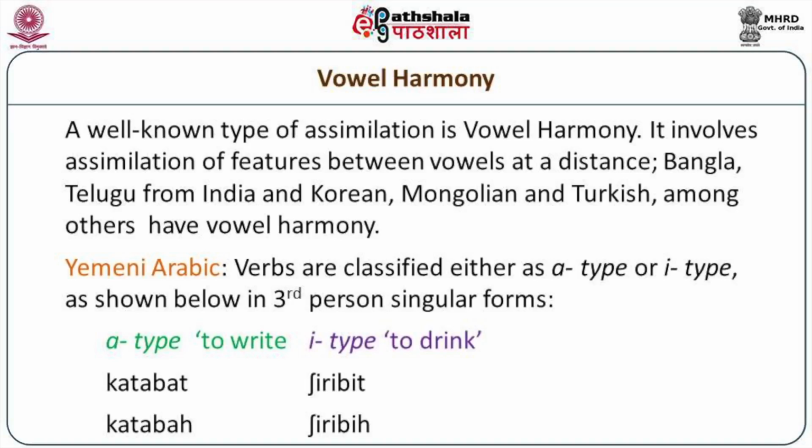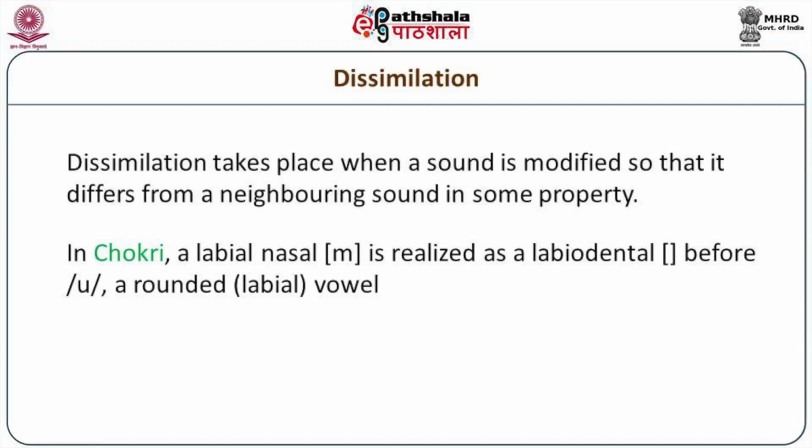We have examples given here on the screen: Katabat, Kataba, Shiribit, Shiribi. As you notice, we have in these words either A or E vowels.